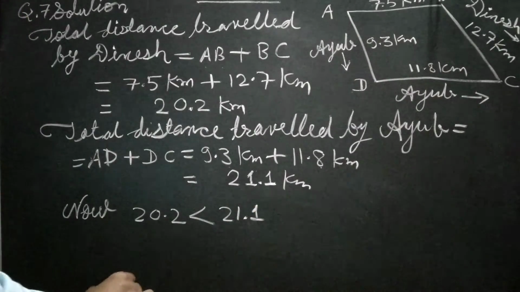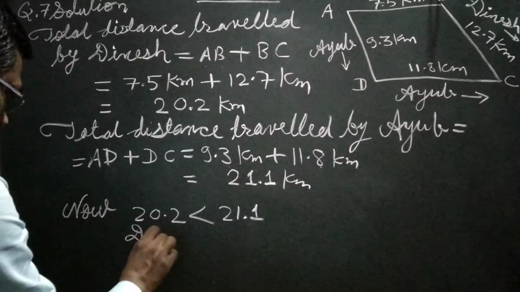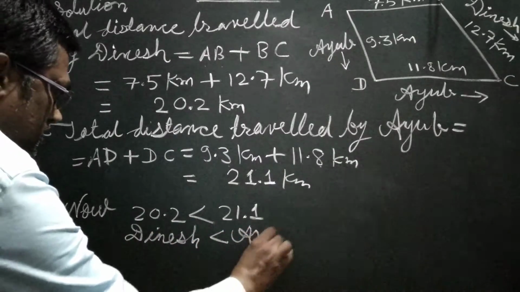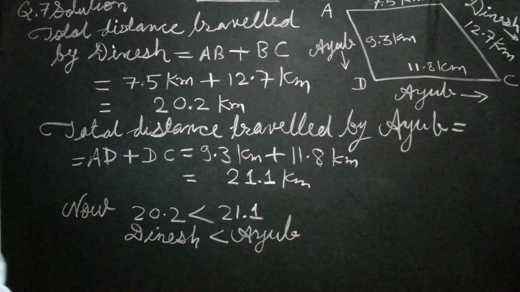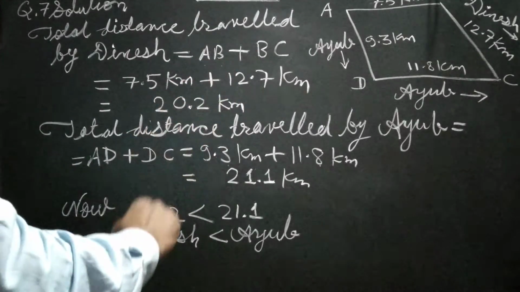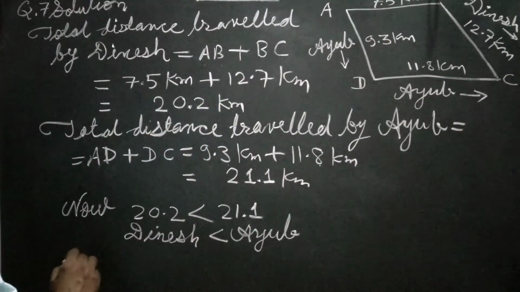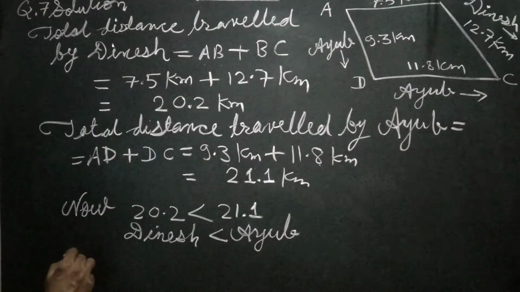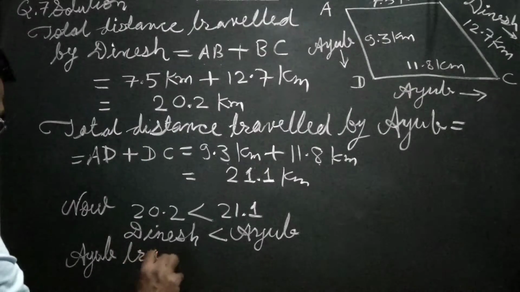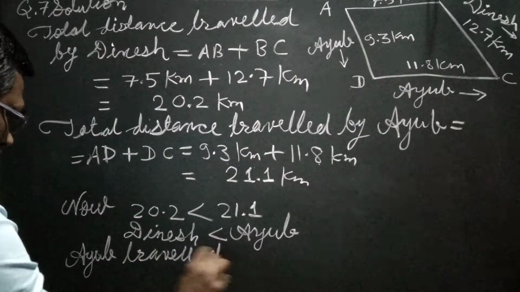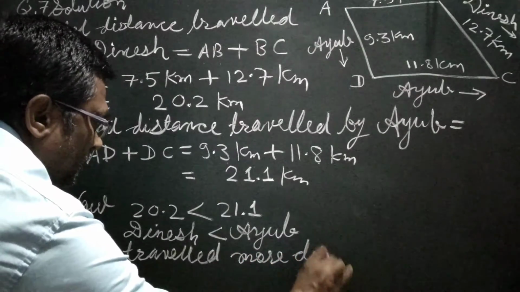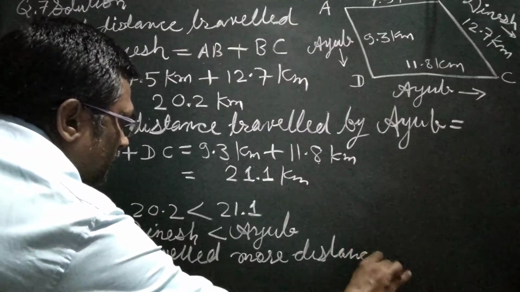So Dinesh traveled less distance and Ayub traveled more distance. So we will write, according to our question, who traveled more distance: Ayub traveled more distance, and by how much is what we have been asked.